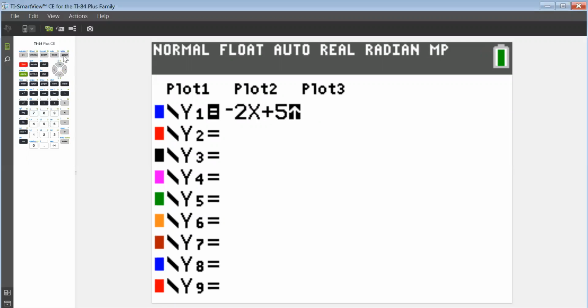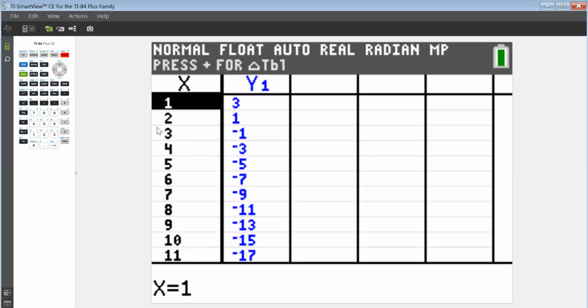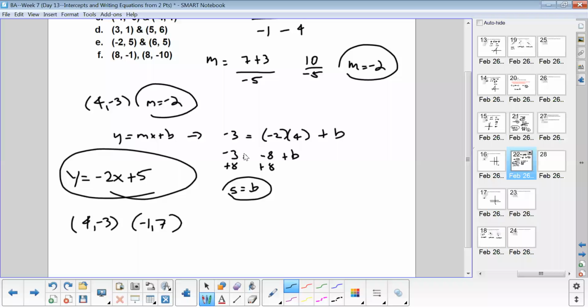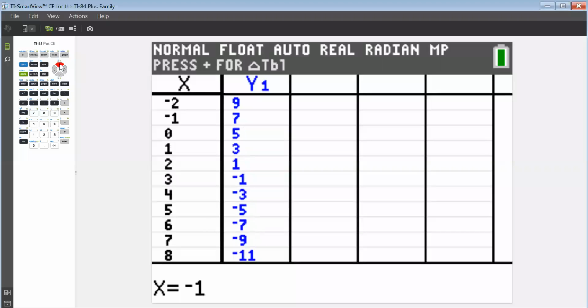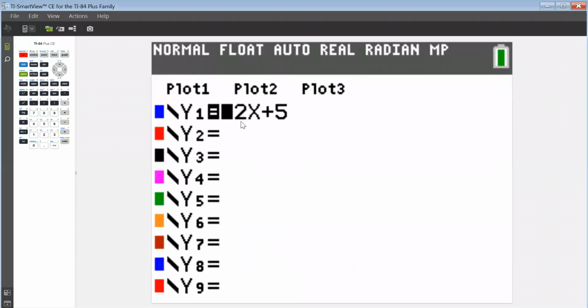And go to second graph. And I was looking for the ordered pairs 4, -3 and -1, 7. So here's 4, -3 right here. And there's -1, 7. All that tells me is that this equation is correct.